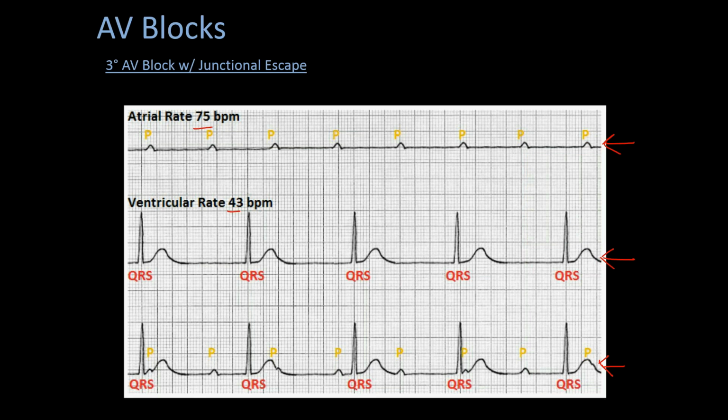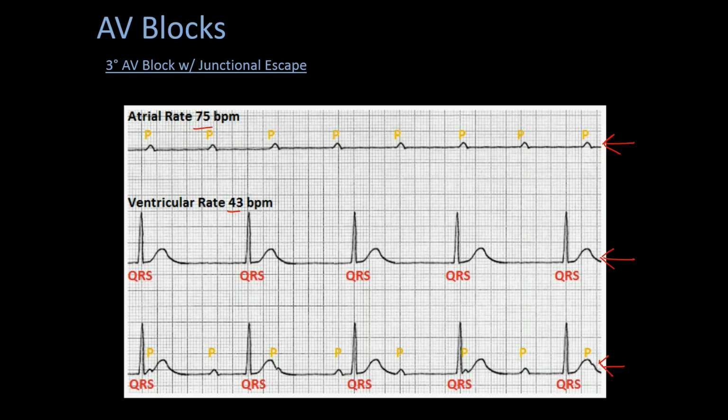However, these rhythms, the atrial rhythm and the ventricular rhythm, they're dissociated. There's no correlation between them. And the way to tell between second-degree AV block type 1 and third-degree AV block with a junctional escape rhythm is that one very important characteristic.